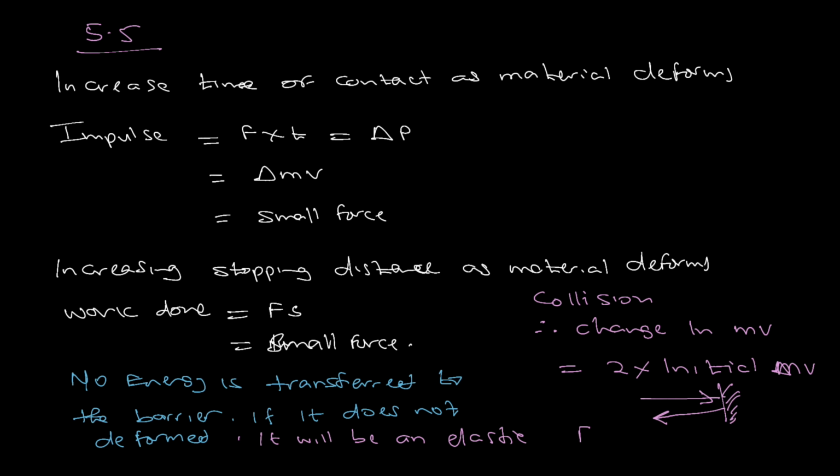Force will be change in momentum over time, so the force experienced will be greater because the time is small. Force is inversely proportional to time, so if time is small, the force will be greater.